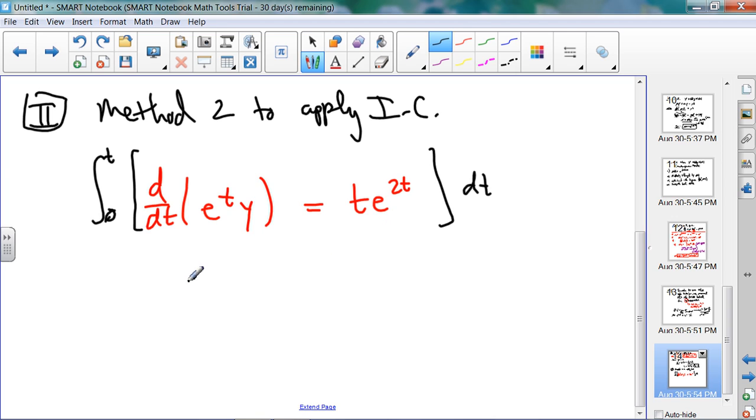On the left-hand side, the integral of a derivative is just a function. But since we have definite limits of integration, we plug in t everywhere we see a t. And that's sort of the confusing part. So we just leave it as the original product.